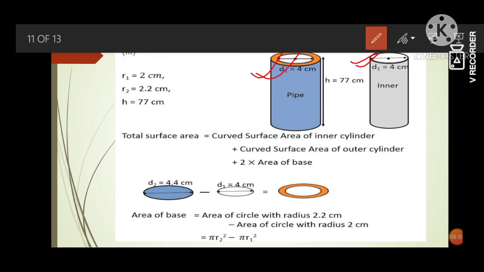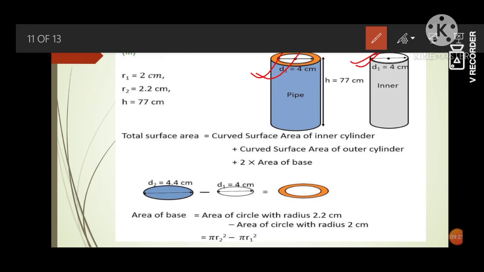So we have the outer diameter as well as the outer radius. Along with it, the hollow part is the gray part, where everything inside this gray part is empty, so it is hollow. So the inner diameter is given as 4 and the radius is 2.